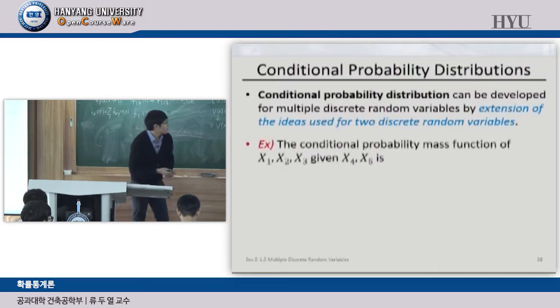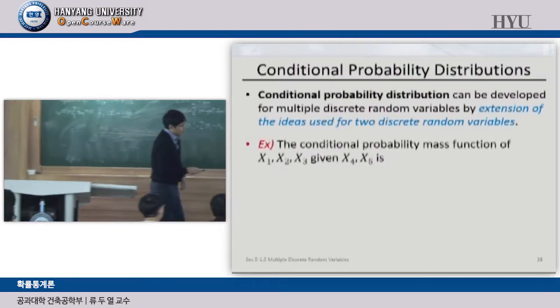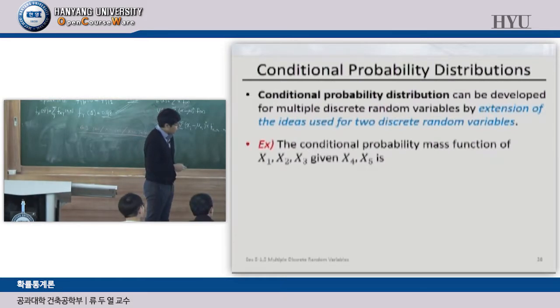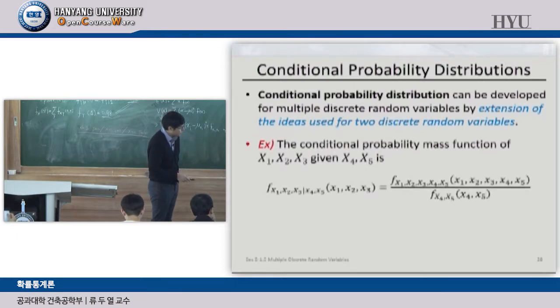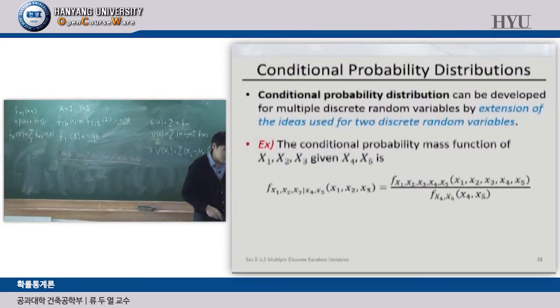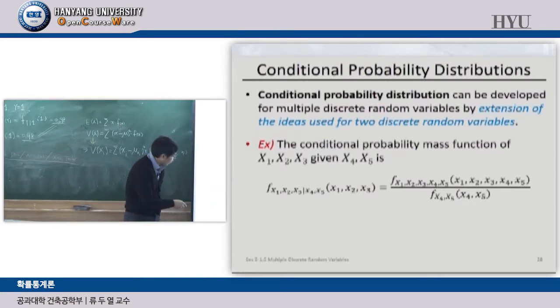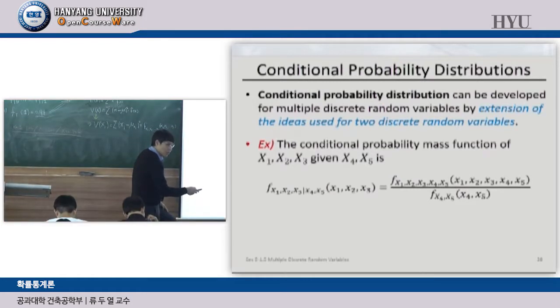For example, the conditional probability mass function of X1, X2, X3 given X4, X5 is expressed by this equation. Okay? This is the conditional probability equation, right? The conditional probability of X1, X2, X3 given X4, X5 is equal to the joint probability mass function over the marginal probability mass function of X4 and X5.